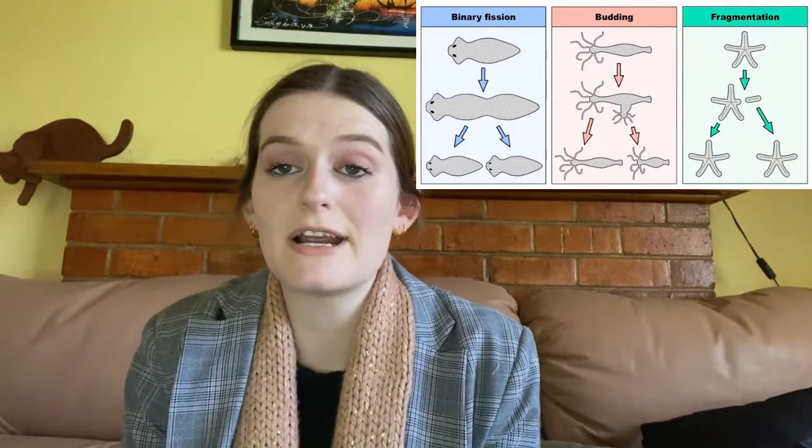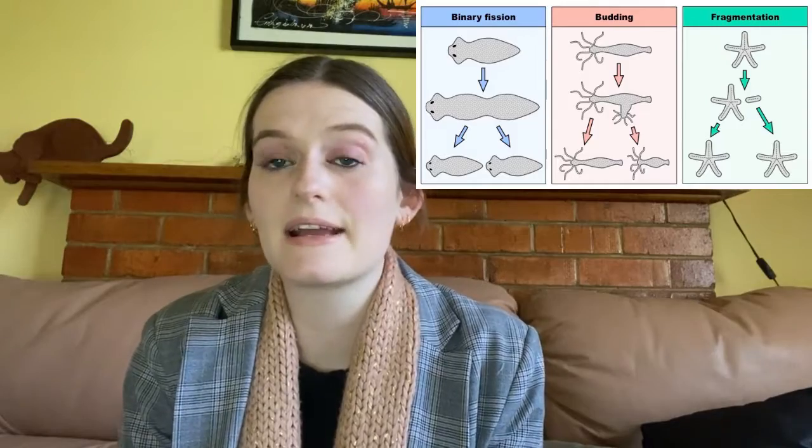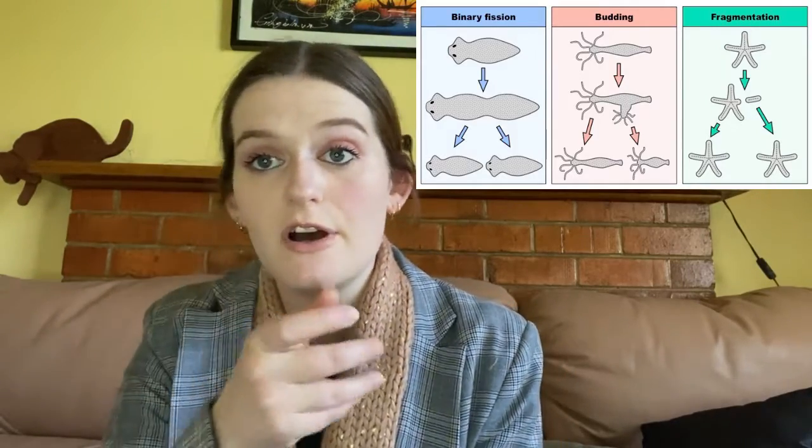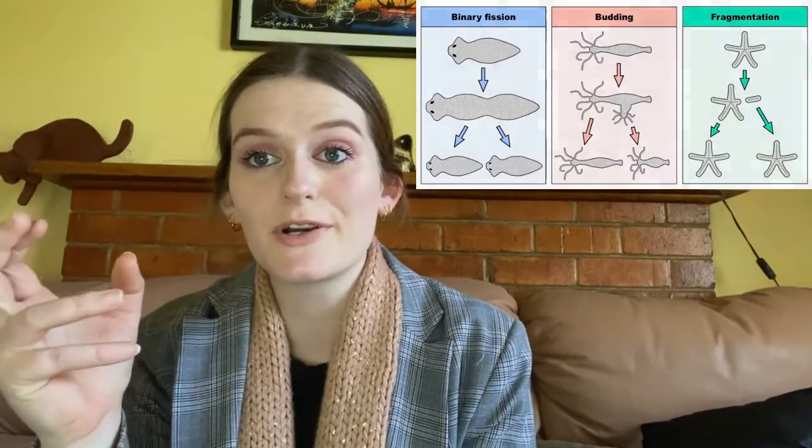So when part of them breaks off, they're able to grow back the part that's broken off, and the part that broke off is able to grow the rest of itself, which is pretty amazing. And obviously we don't see any new genetic information brought in here. So that's asexual reproduction.